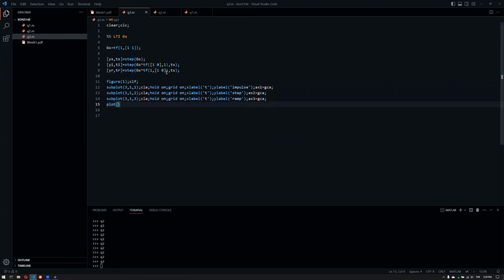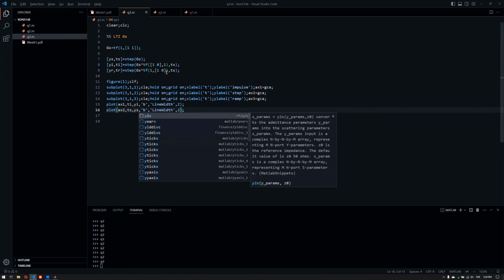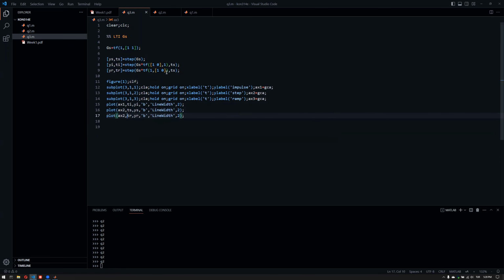Now we're going to plot ti, yi with blue and then line width 2. This is going to be ax1, ax2, ts, ys, yr, tr, ax3.